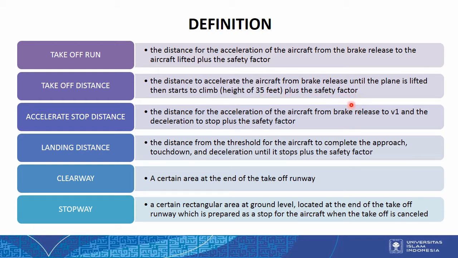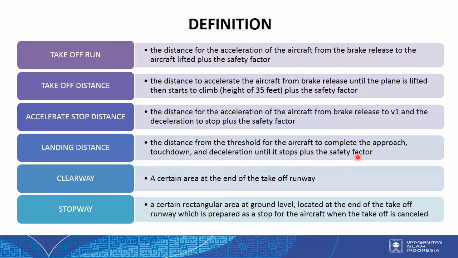The accelerate stop distance is the distance for the acceleration of the aircraft from brake release to V1 and the deceleration to stop, plus the safety factor. And the landing distance is the distance from the threshold for the aircraft to complete the approach, touchdown and deceleration until it stops, plus the safety factor.